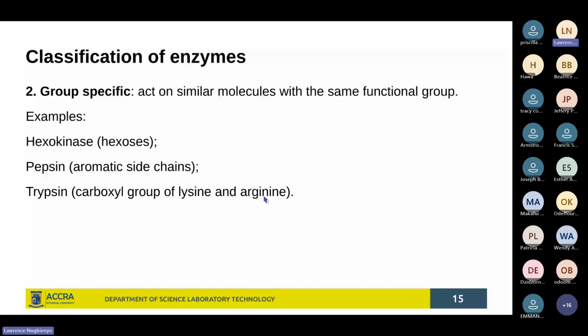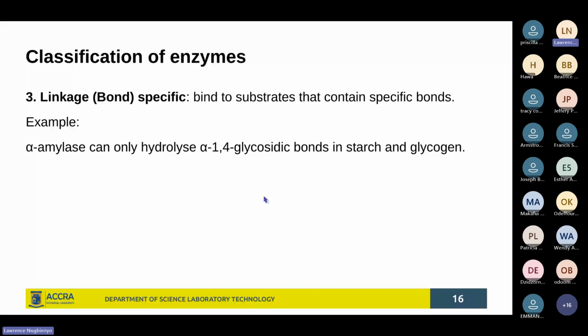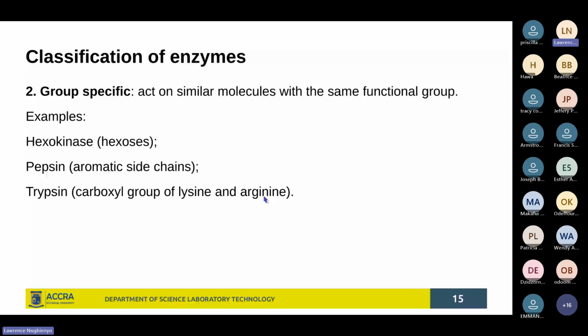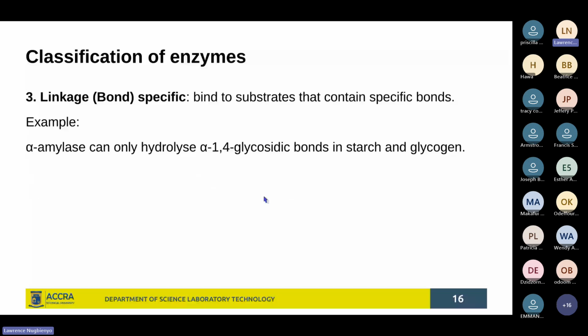Right. Then the very last one which we looked at was bond-specific enzymes. That is a little different from what we just looked at, which was group specificity, a group of molecules on which these enzymes can act. This is talking specifically about bonds.